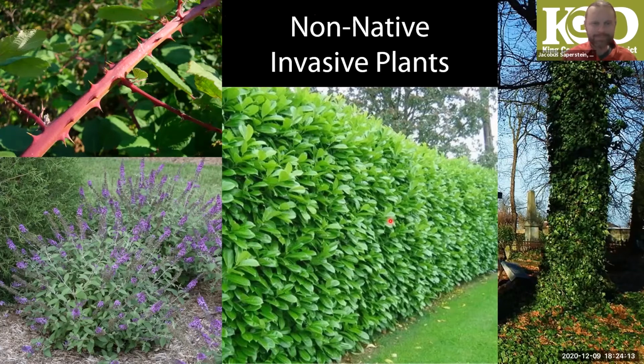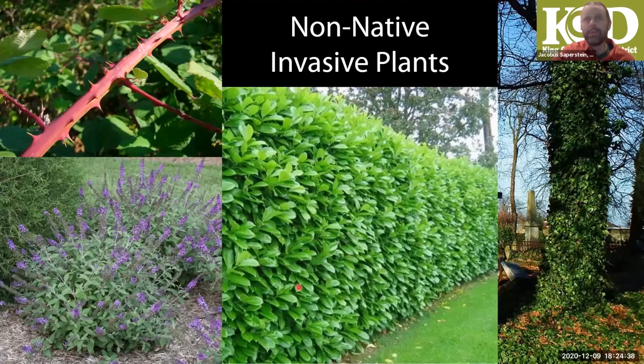For instance, some of these photos you're probably familiar with: Himalayan blackberry, and butterfly bush down here, which is actually still sold in a lot of our nurseries because it has beautiful qualities, and butterflies are attracted to it.